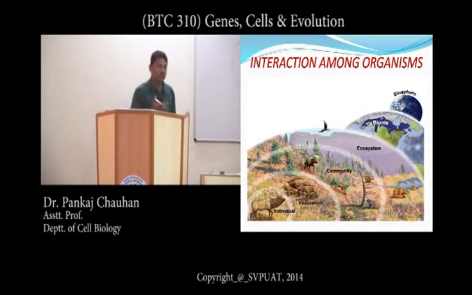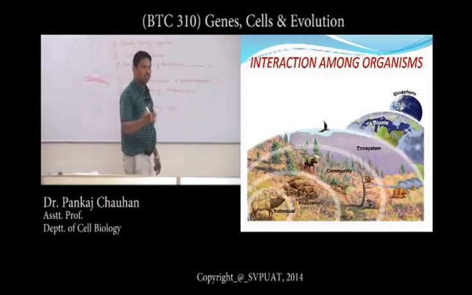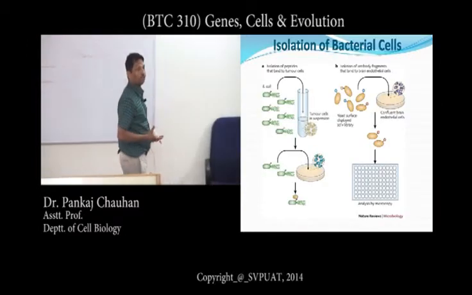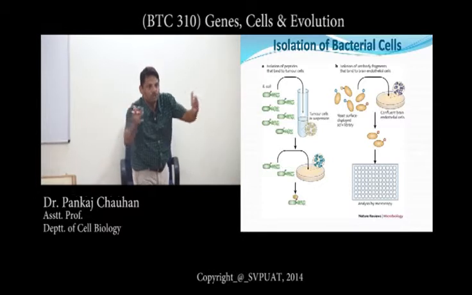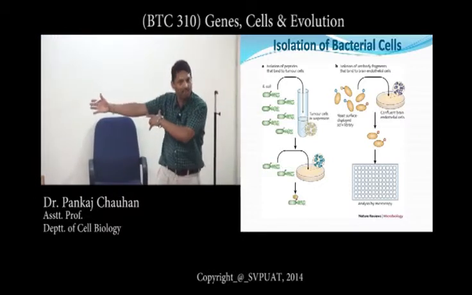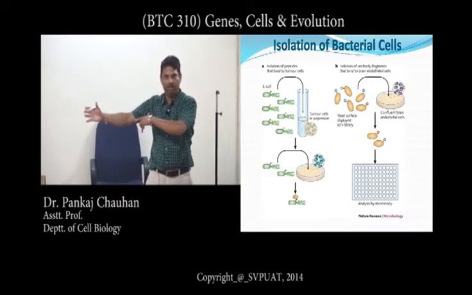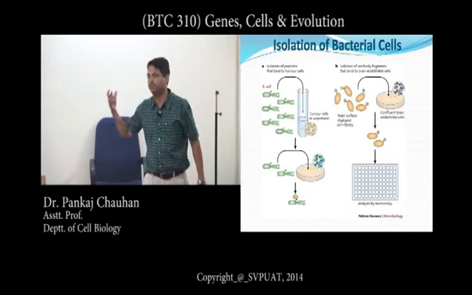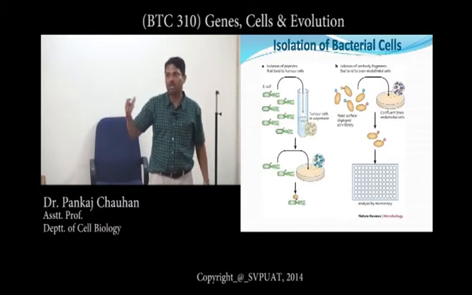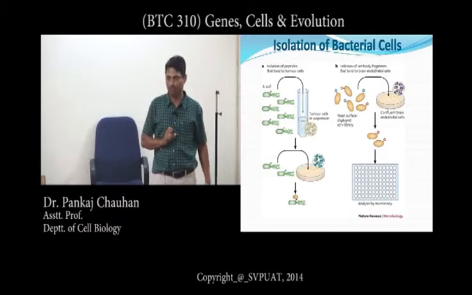Just for instance, suppose I tell you that you have to isolate a community of bacterial cells in a particular soil sample. Maybe the soil sample is from a forest or a field. What will you do? First of all, you will prepare a soil sample, okay?